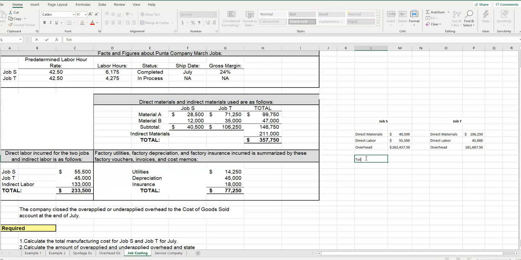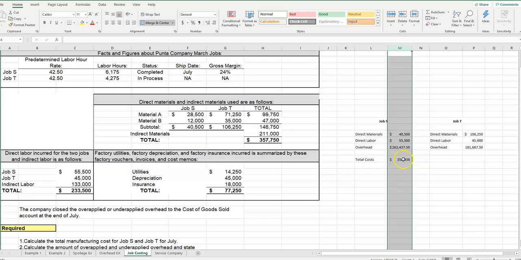So the total cost for job S, $358,438.50.